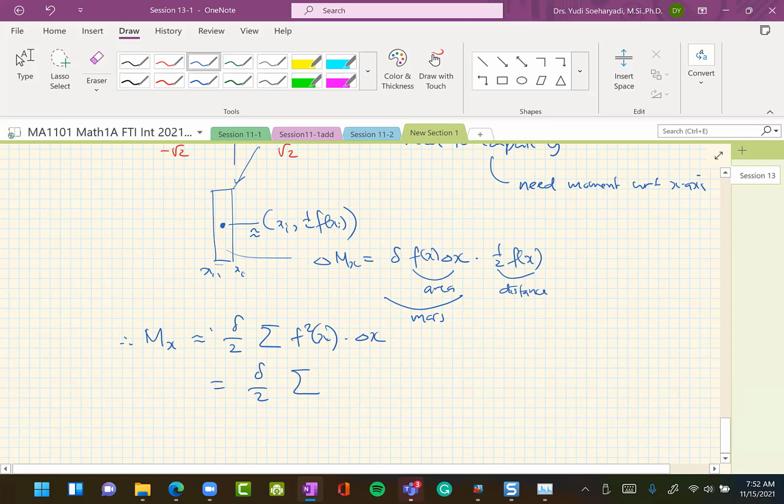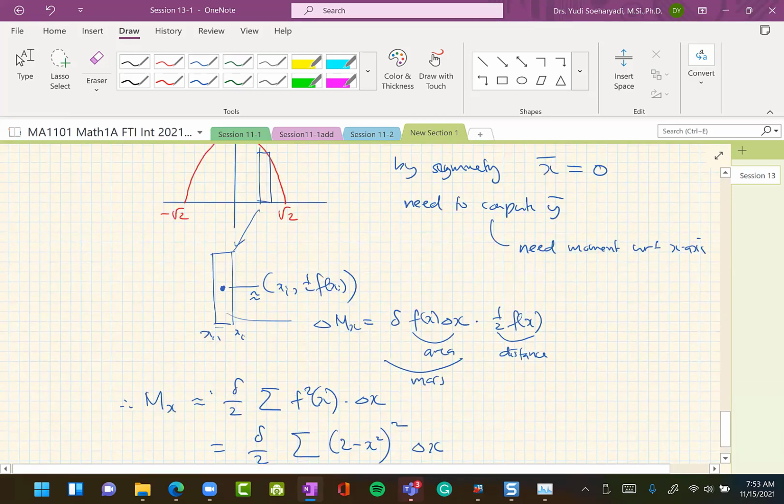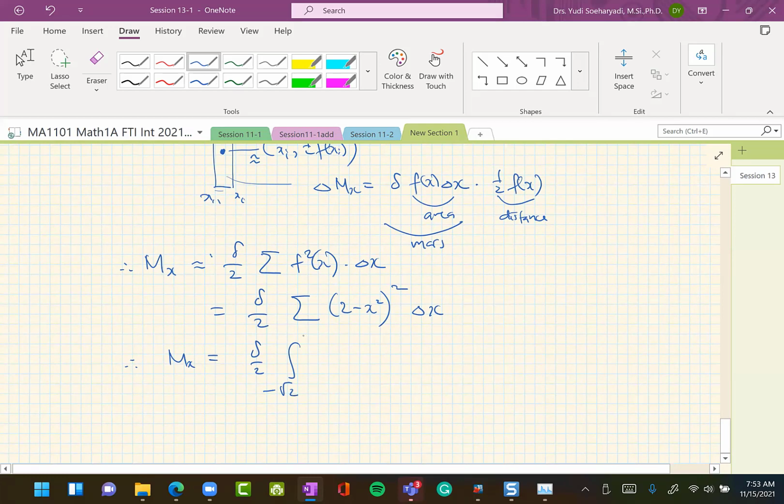What is f? f is just 2 minus x squared. So Mx is just the integral from negative square root of 2 to square root of 2 of these functions.